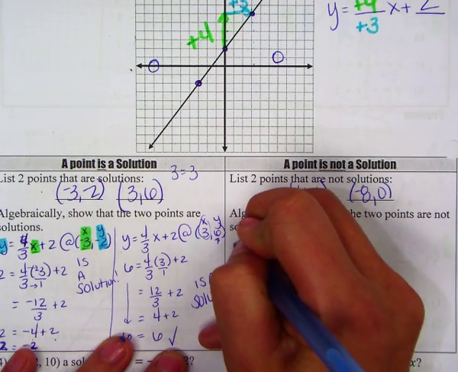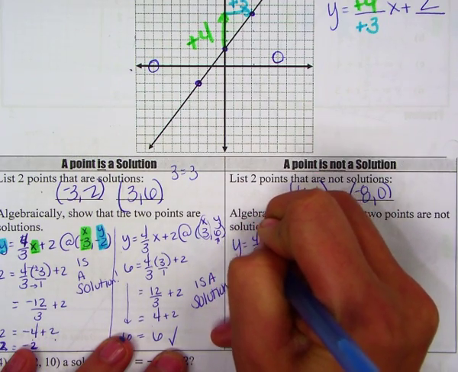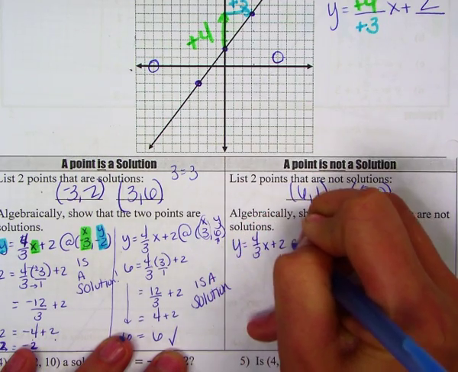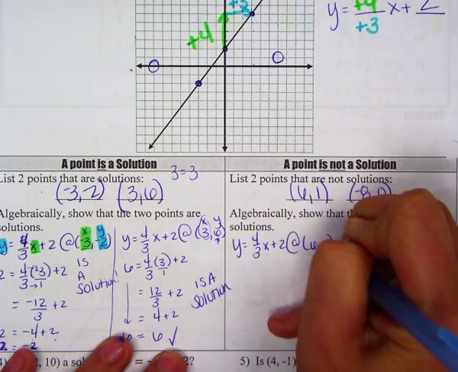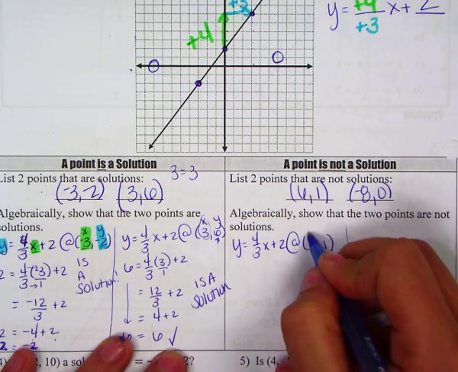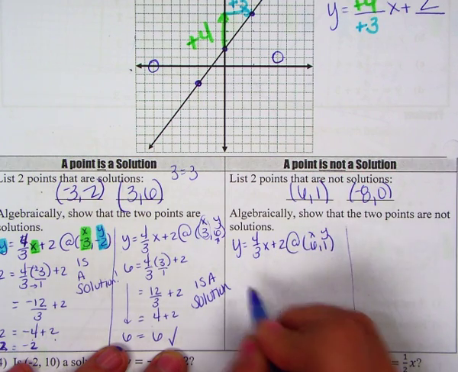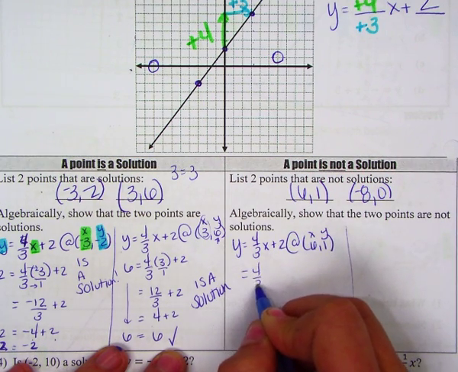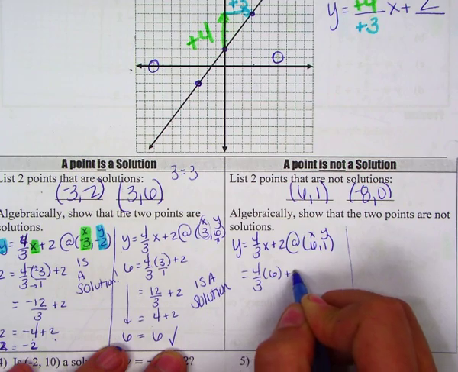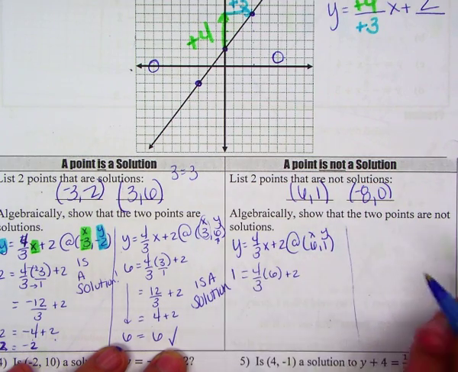Substitute into the equation at 6, 1. I'm going to label my points x and y so that I can substitute them in. 6 in for x, 1 in for y.